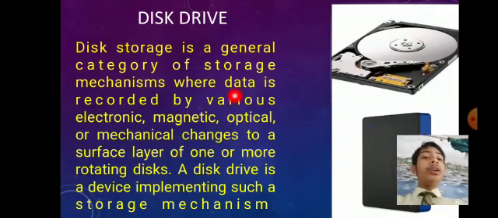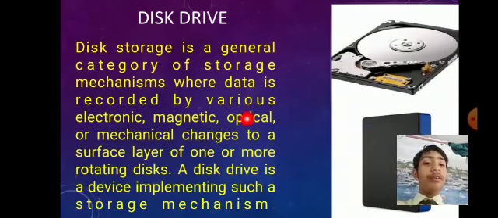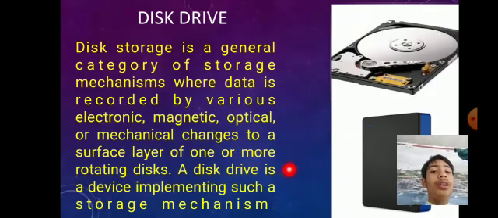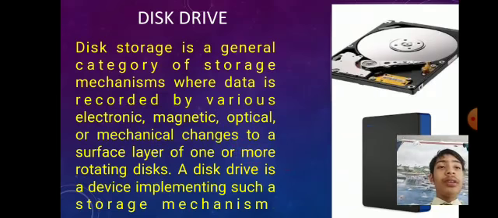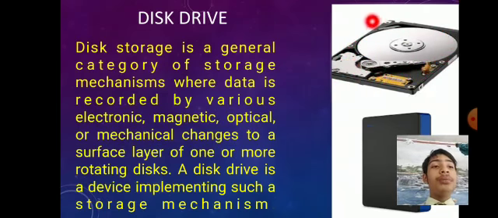Disk drive. Disk storage is a general category of storage mechanism where data is recorded by various electronic, magnetic, optical, or mechanical changes to the surface layer of one or more rotating disks. So the disk drive is the most important storage device of a computer. It stores all the data of past and present.